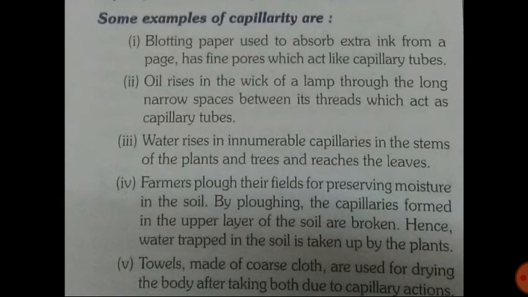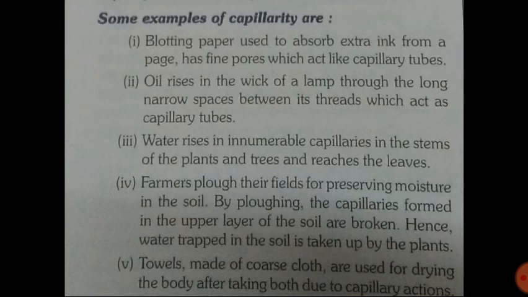Then we have lamps in our homes. In Diwali you all have used lamps with that bati which is called a wick, a cotton wick. Inside the lamp we have oil, and then we have a wick.